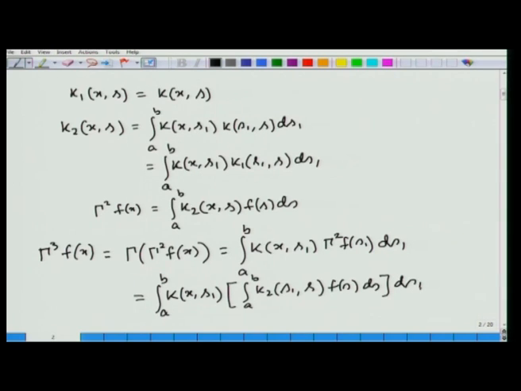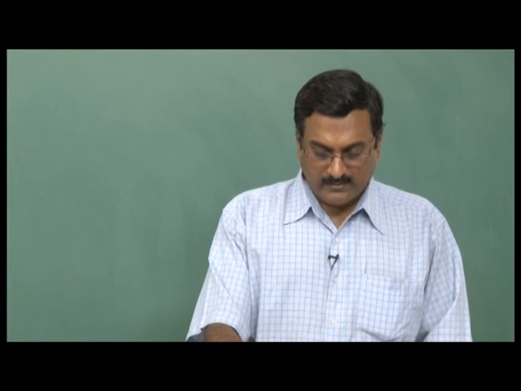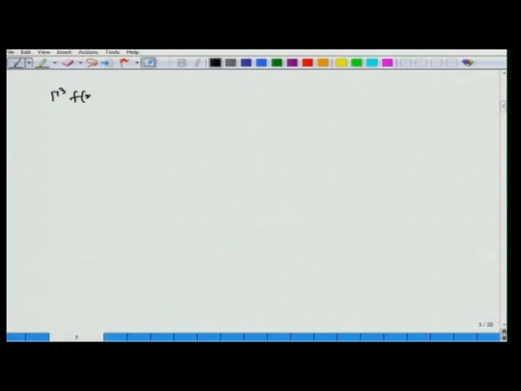Again interchanging the order of the integration, we can write Gamma 3 f(x) equal to integral a to b, then integral a to b k(x, s1) K2(s1, s) ds1 multiplied with f(s) ds.